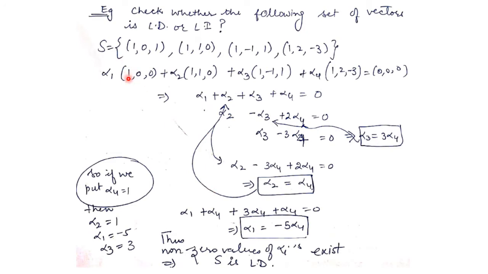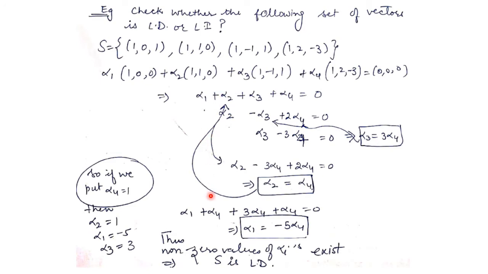So first equation is alpha 1 plus alpha 2 plus alpha 3 plus alpha 4 equals to 0. The second equation is 0 times alpha 1 plus 1 times alpha 2 minus 1 times alpha 3 plus 2 times alpha 4 equals to 0. Similarly, the third equation and fourth equation, right?